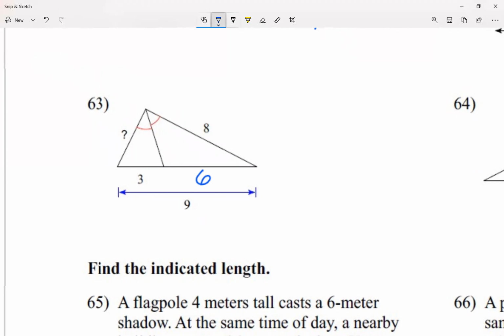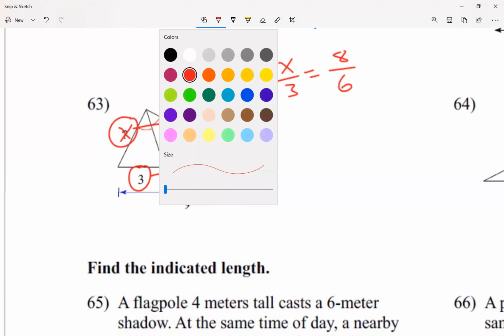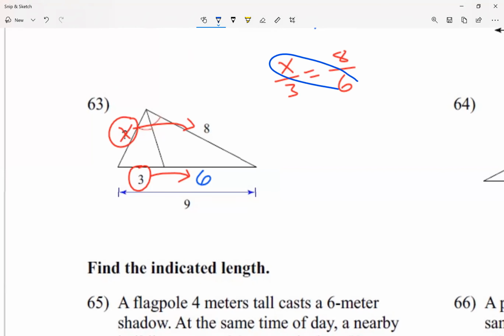Okay, so now let's see. I'm going to change the question mark for an x. From this triangle, I'm going to use x over 3. X goes with 8 and 3 goes with 6. Okay, let me cross multiply. 6 times x equals 8 times 3.